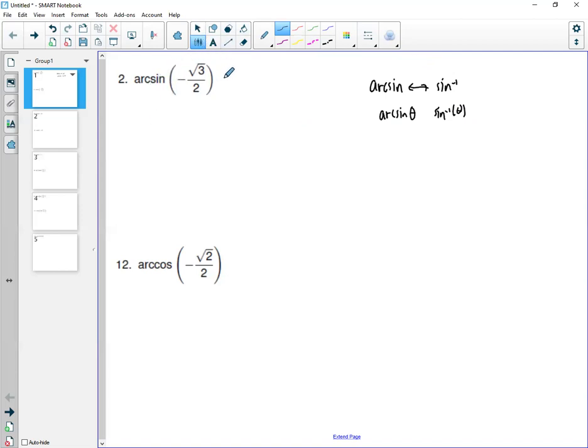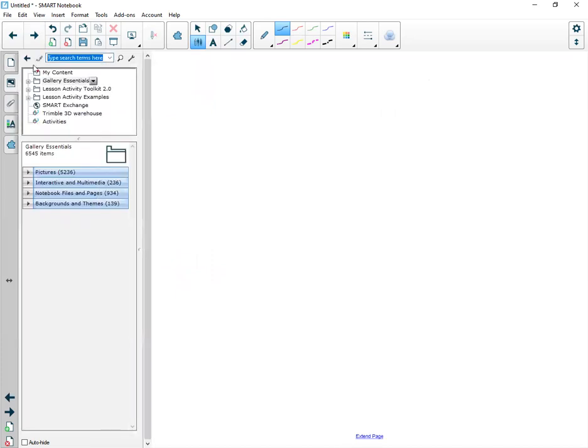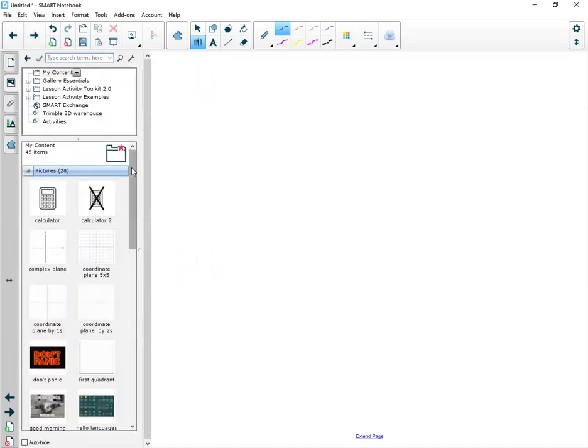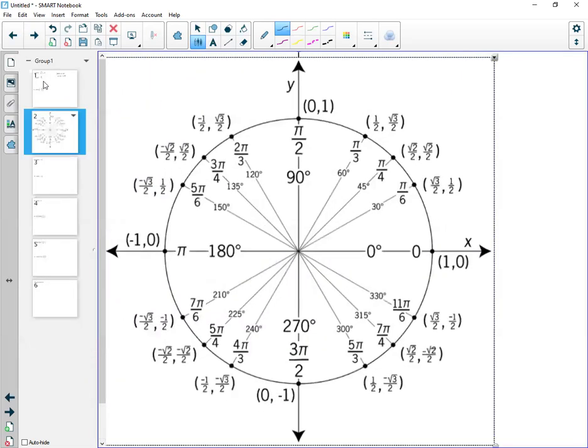So if I say the arc sine of negative root 3 over 2 equals theta, that means that the sine of theta is negative root 3 over 2. I would jump to my unit circle and find the place where the y coordinate is negative root 3 over 2.